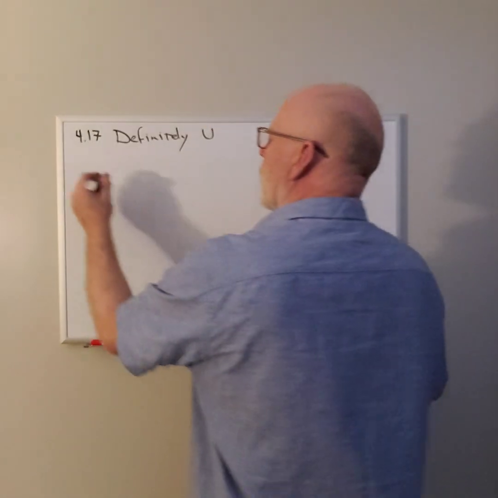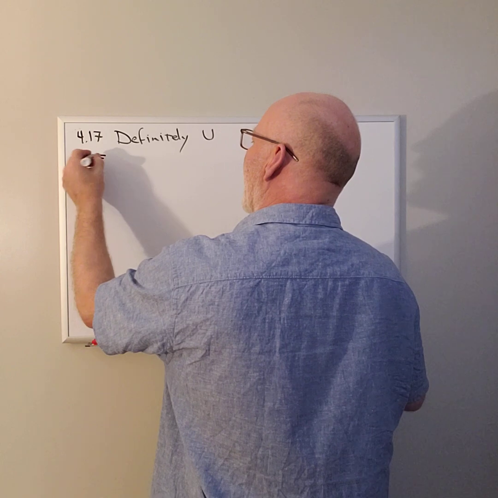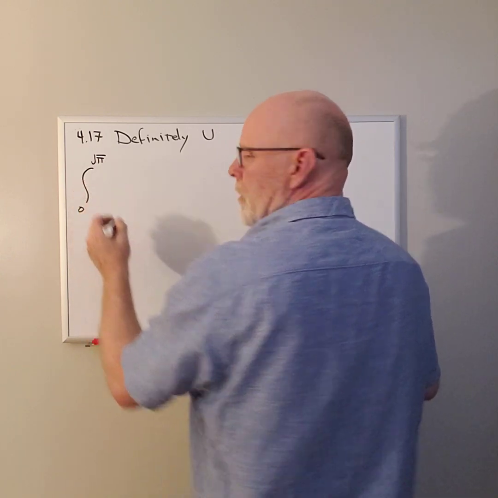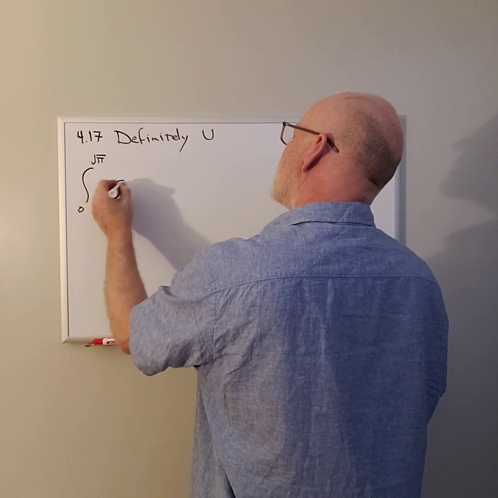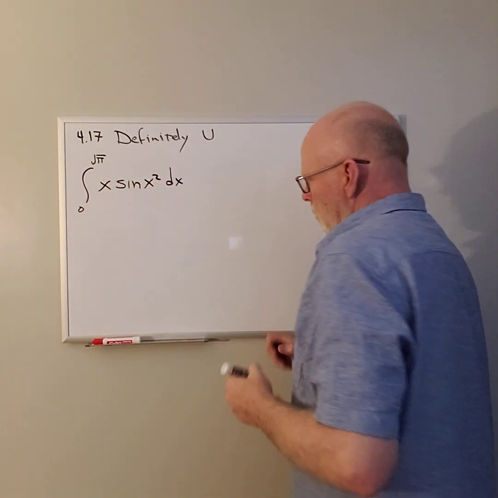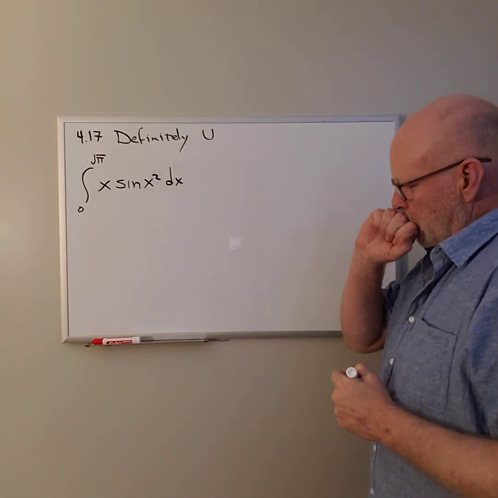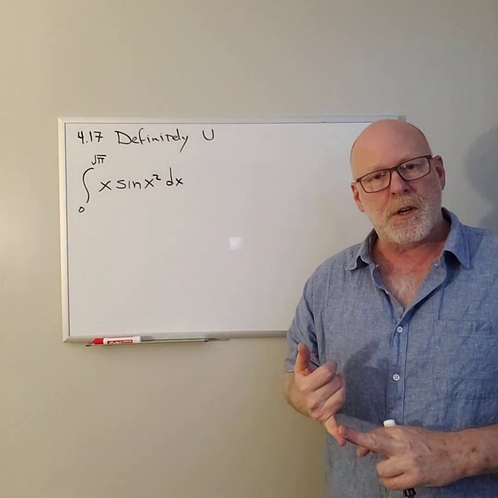Let's look at the integral from 0 to the square root of pi of x sine of x squared dx. All right, we need to figure out what u is going to be.